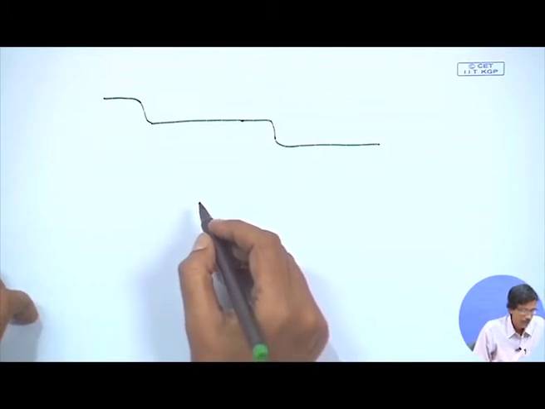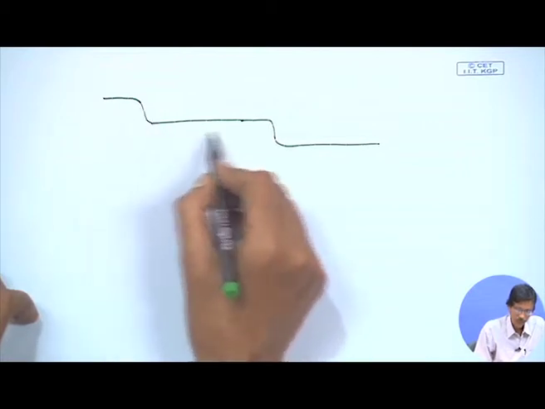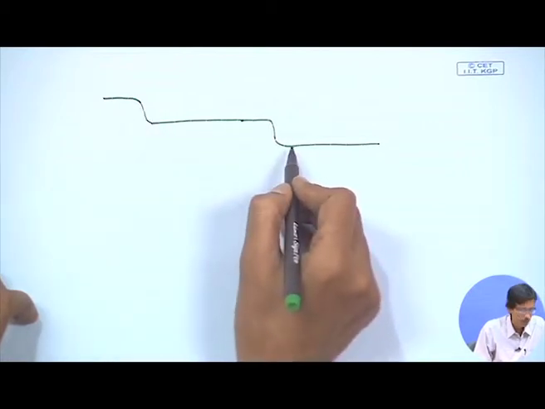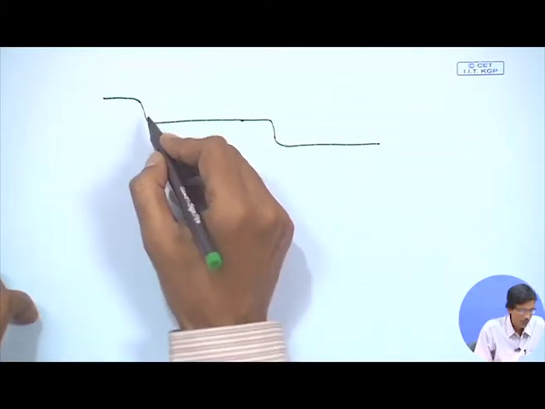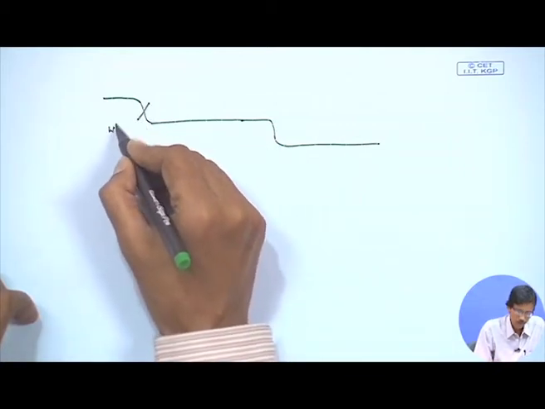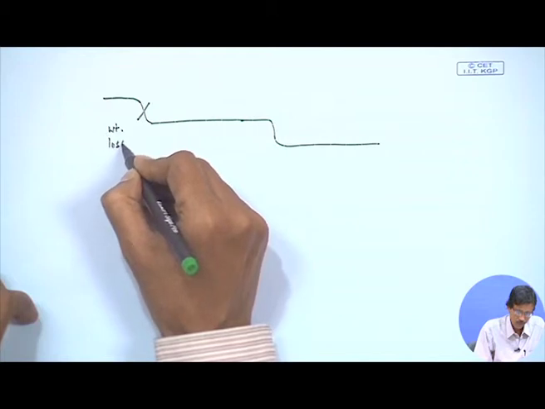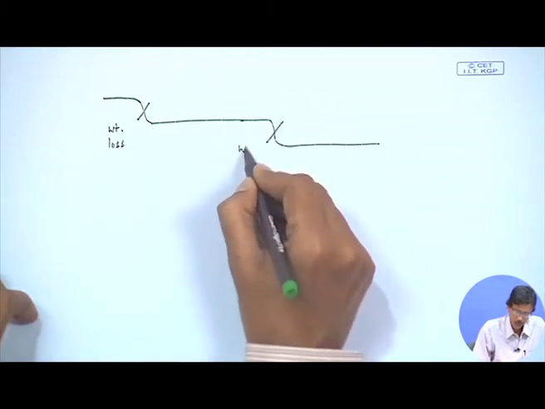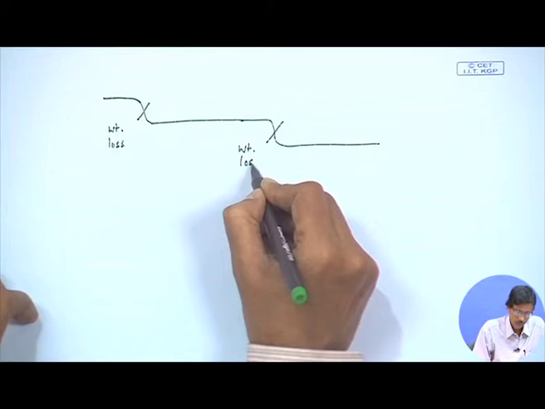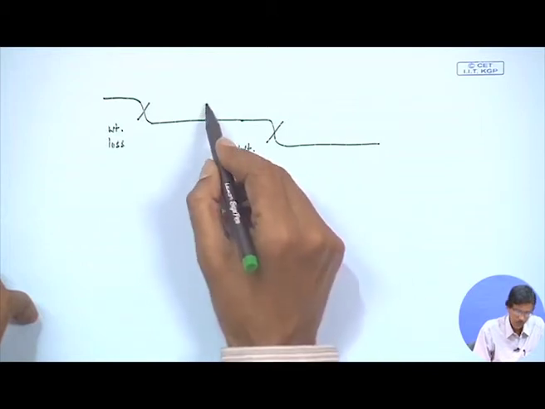So, we find that in a particular time you have this particular slope of the corresponding inflection for a particular weight loss, and this is also your weight loss, and we get the corresponding temperature.